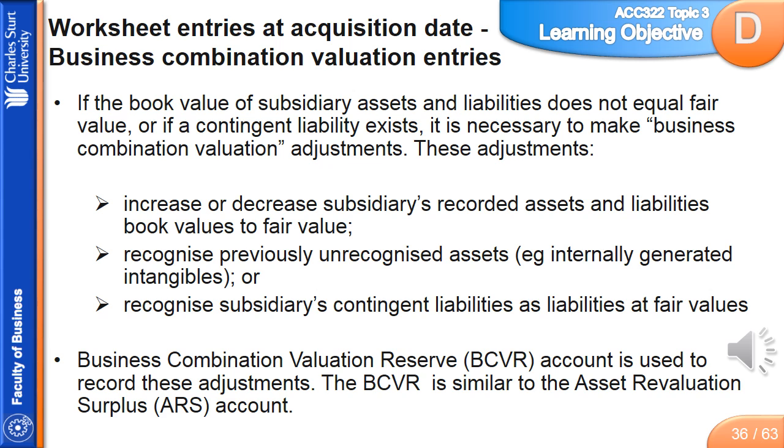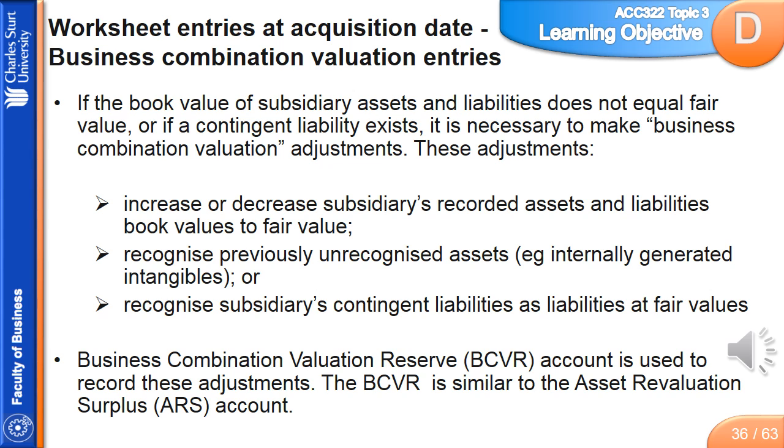But anyway, just to provide some context, inventory is dealt with under AASB 102. It has its own standard, and it states that inventory is to be recorded at the lower of cost or net realizable value, and therefore any increase to fair value of the inventory cannot be made within the subsidiary's accounts, so there's no choice but to make a fair value adjustment to inventory within the consolidated accounts.